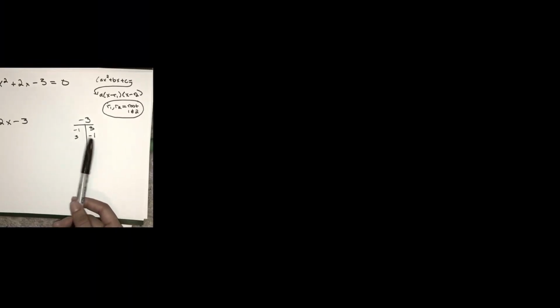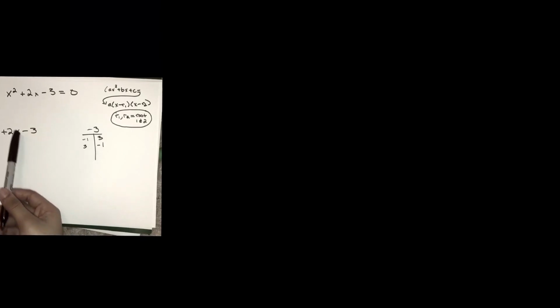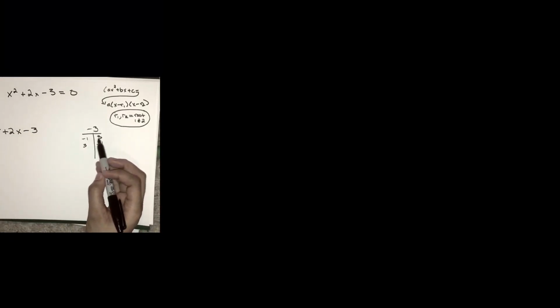3 and negative 1. Now, these numbers right here would have to add up to the b, which is 2x. You wouldn't have to worry about the x, just the number. So negative 1 plus 3 equals 2, and 3 minus 1 equals 2.